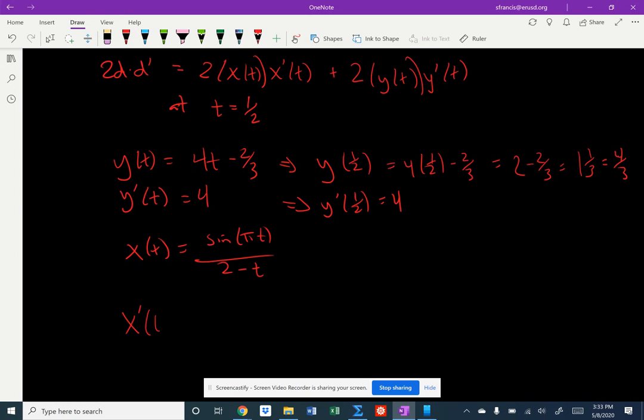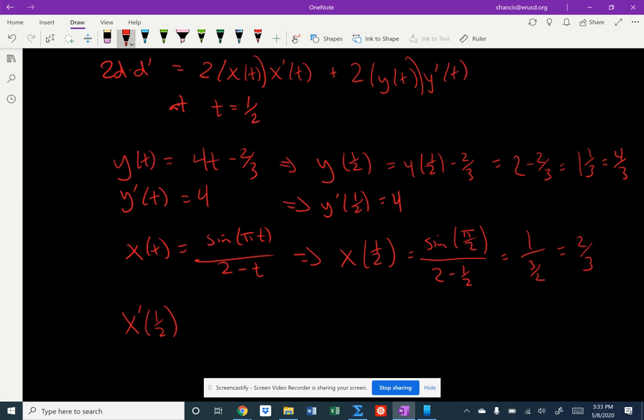It was kind of big, but let's do that at 1/2. Actually, let's do this one at 1/2 first. So x of 1/2 is going to be sine of 1/2 pi, sine of pi over 2, which hopefully you remember is just 1, over 2 minus 1/2. So this is going to be 1 over 3/2, or just 2/3.